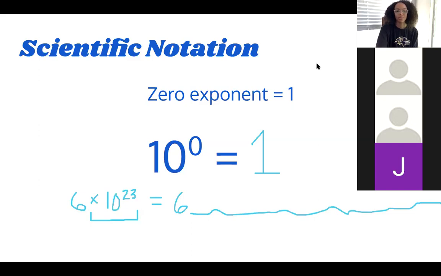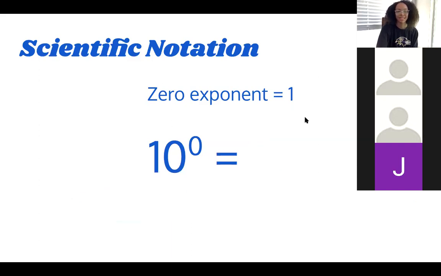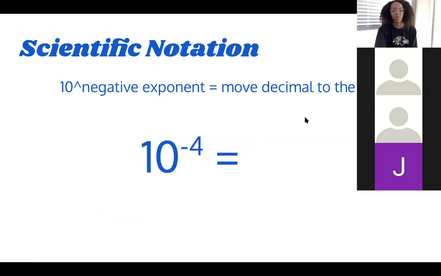One of the most important things to know is just the distinction between negative exponents and positive exponents. So 10 to the power of a negative exponent is basically telling you how many times you're going to move your decimal to the left.